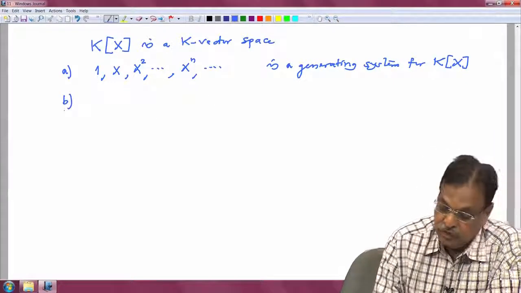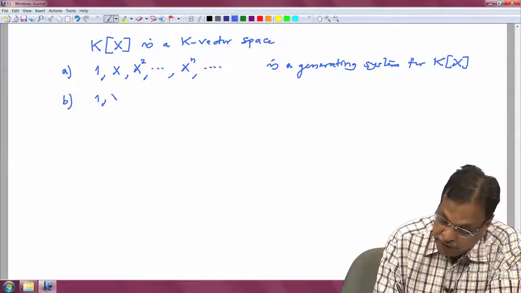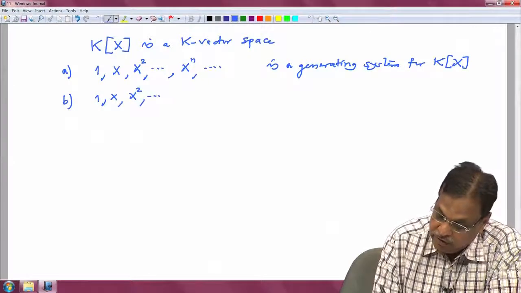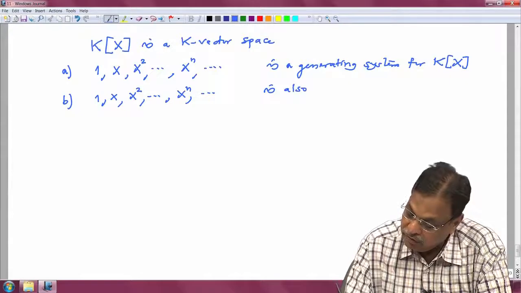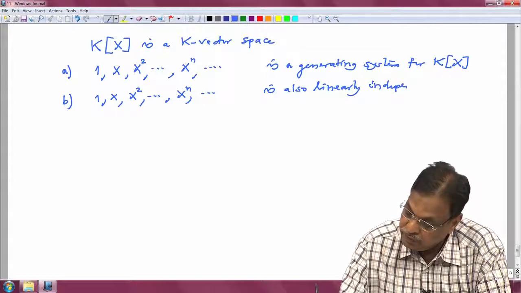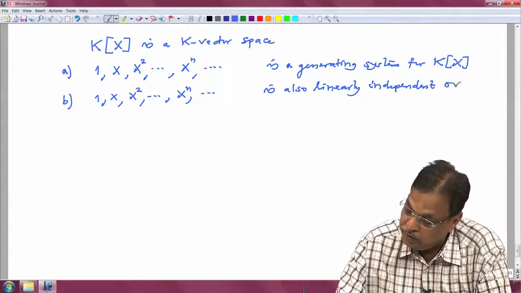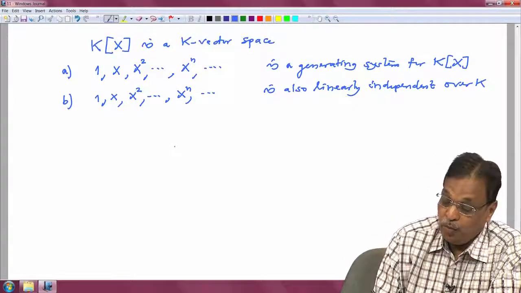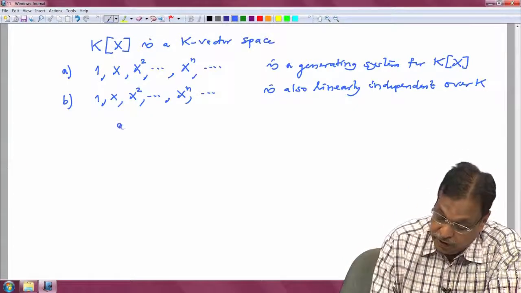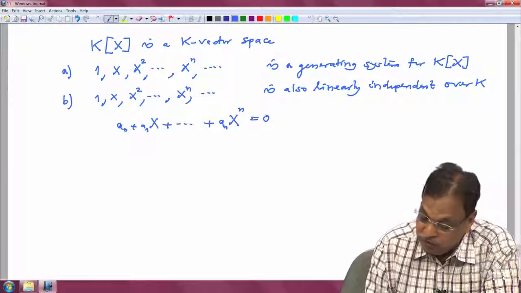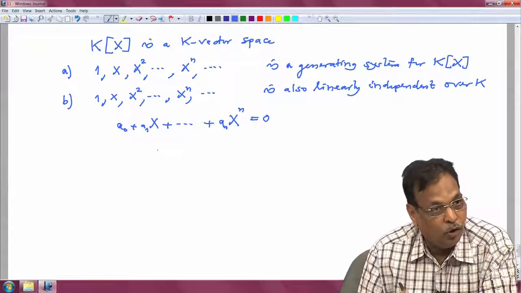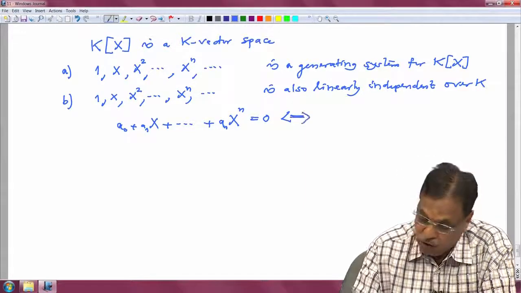Second, I want to say that this family 1, x, x square, etc., x power n, etc., is also linearly independent over K. This is again obvious because if you have a finite sum like a0 plus a1x plus ... plus an x^n, and this is 0, that means the left hand side is the zero polynomial, but that means by definition all these coefficients are 0.